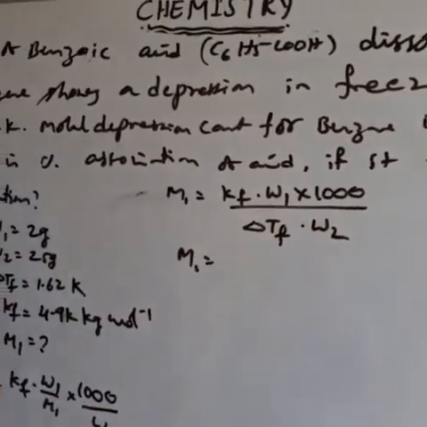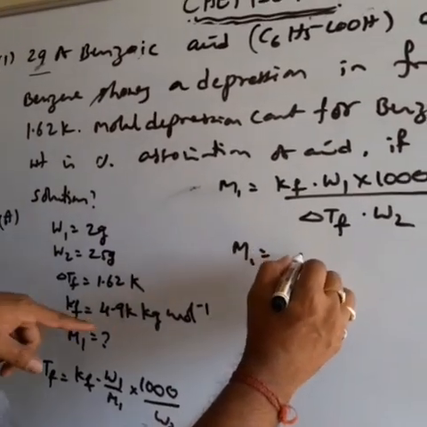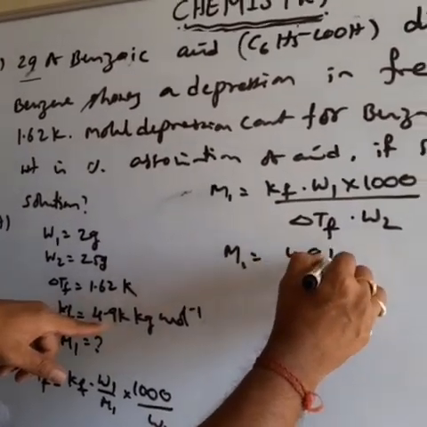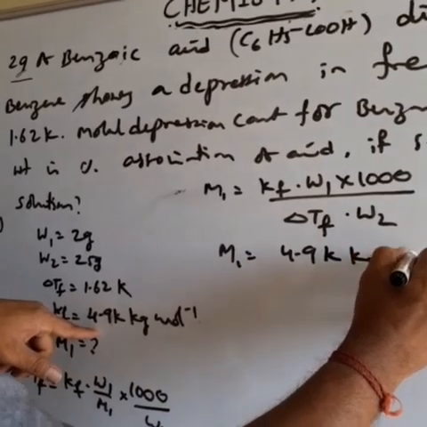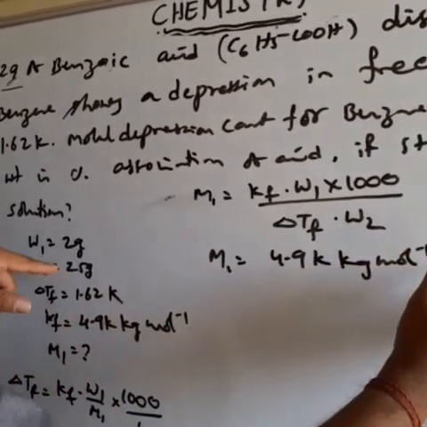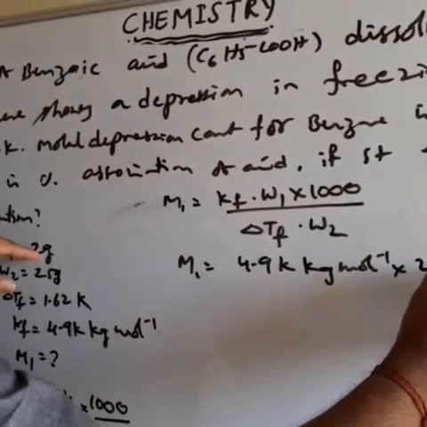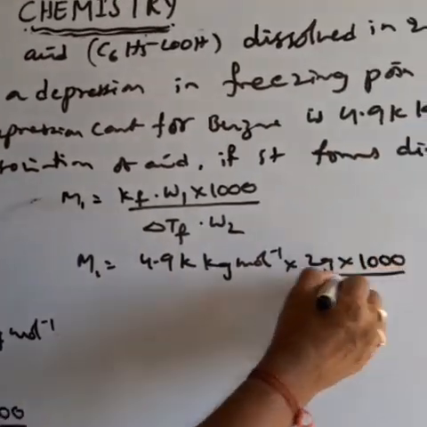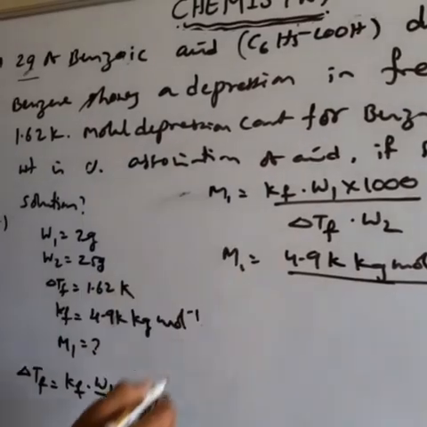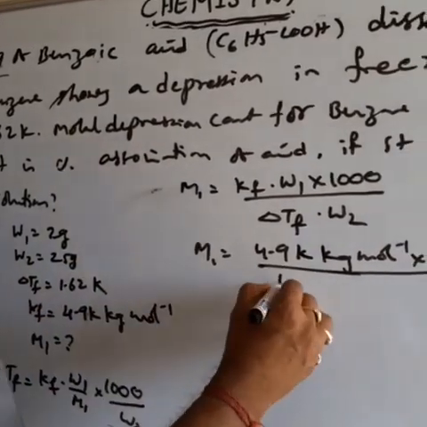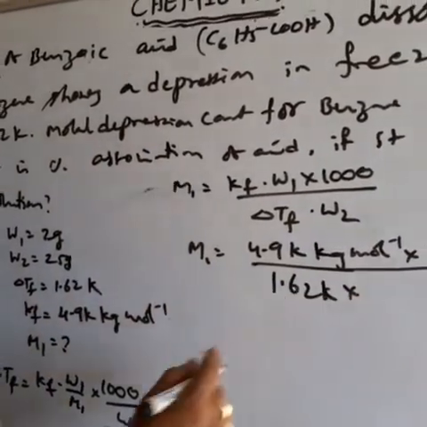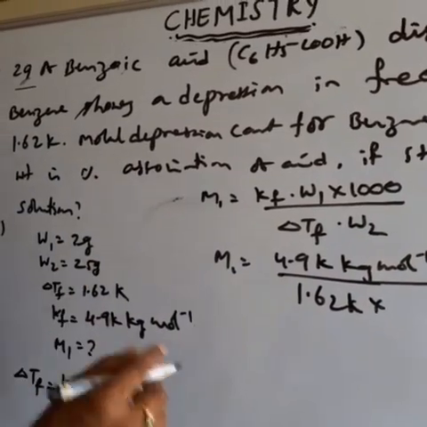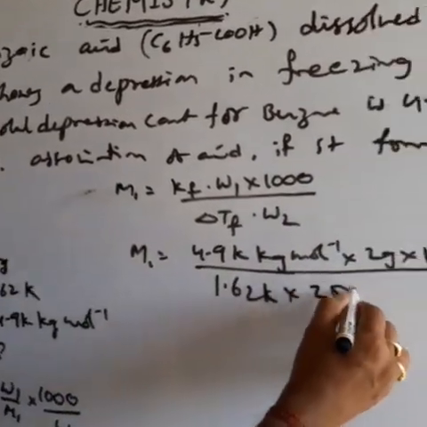Therefore M1 is equal to Kf value 4.9 K kg mol inverse into W1 value 2 grams into 1000, divided by delta Tf value 1.62 K into W2 value 25 grams.